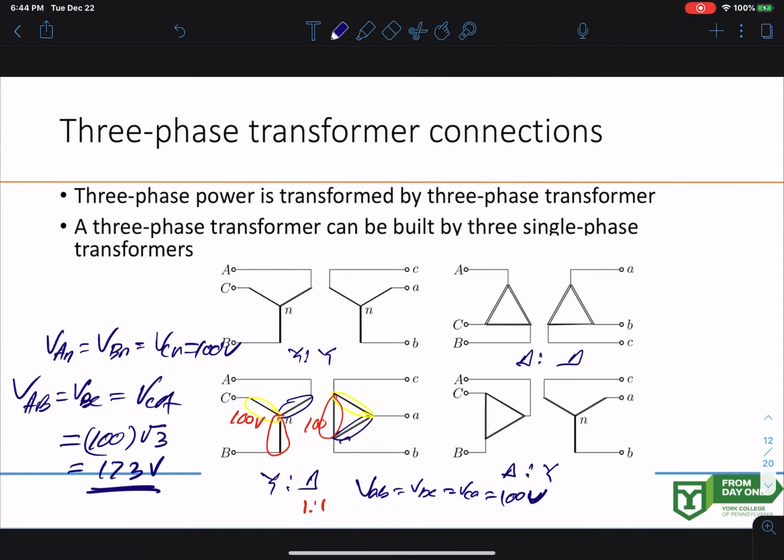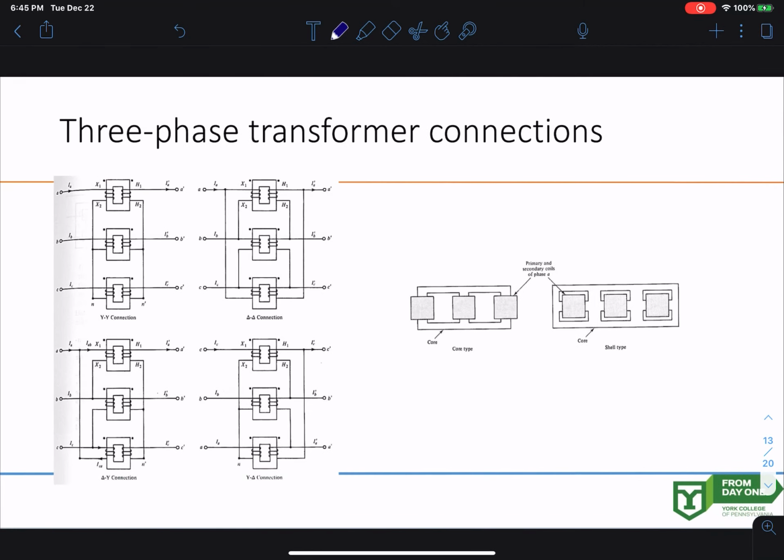So in your transformer, if you don't do anything with the turns ratio, the same turns ratio, your Y connection line-to-line voltage is still √3 times higher than the delta connection line-to-line voltage. That's a very unique thing for a three-phase transformer. Again, as I said, look at this. This one here is the YY connection. It's a face-to-face connection all the time.